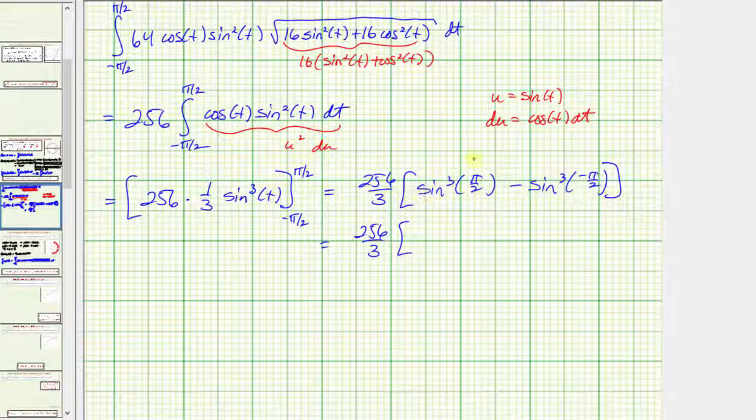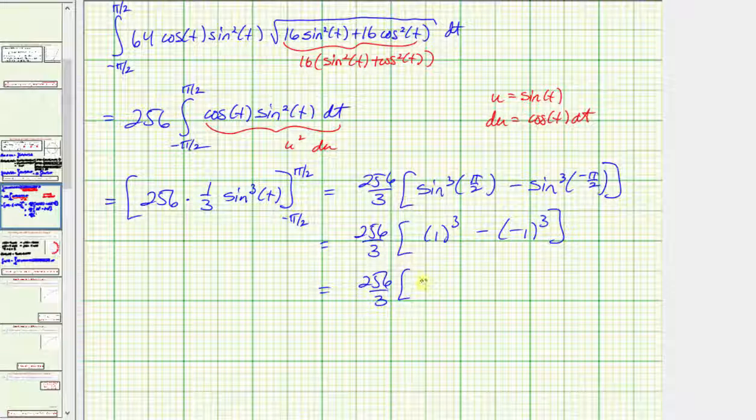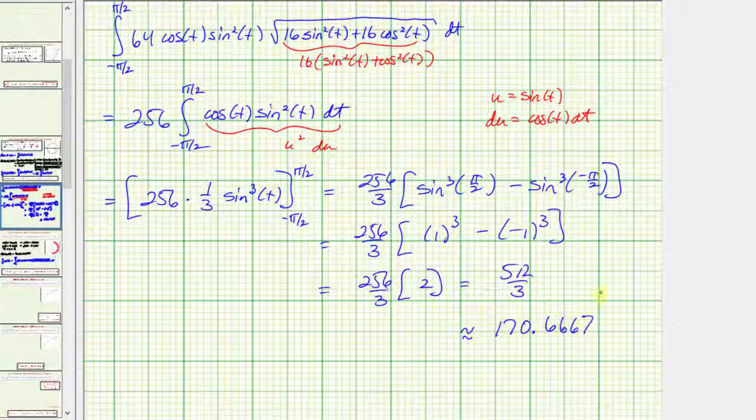Well, sine pi over 2 is equal to 1, so we'll have 1 cubed minus sine negative pi over 2 is negative 1, so we have negative 1 cubed. So this equals 256 divided by 3 times 1 minus negative 1, or 1 plus 1, which is 2. So the exact value is equal to 512 thirds, or as a decimal approximation, this would be approximately 170.6667.